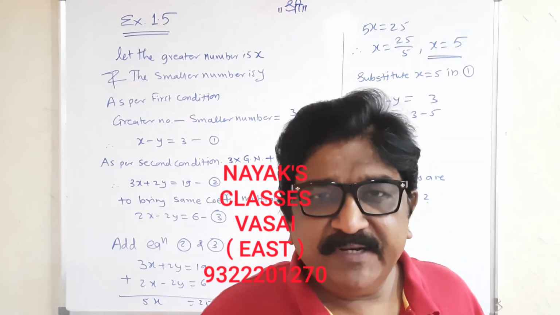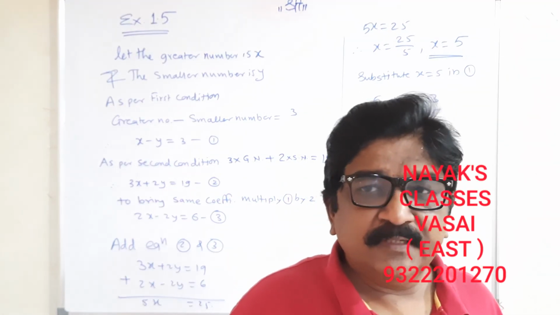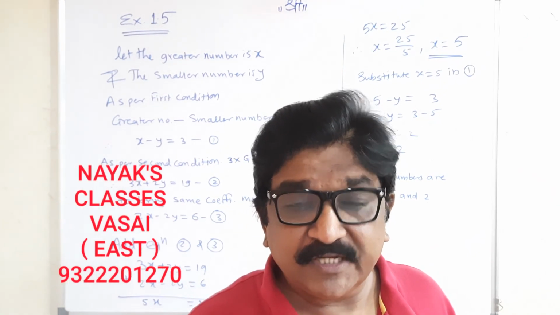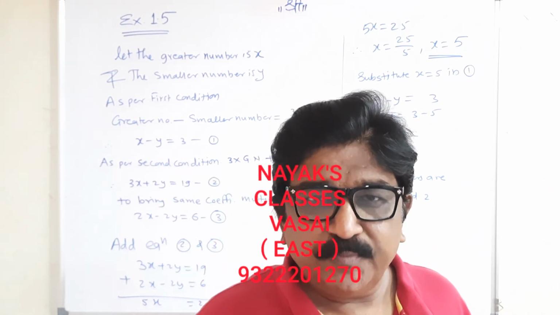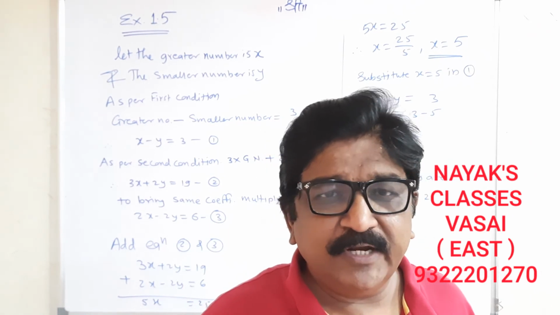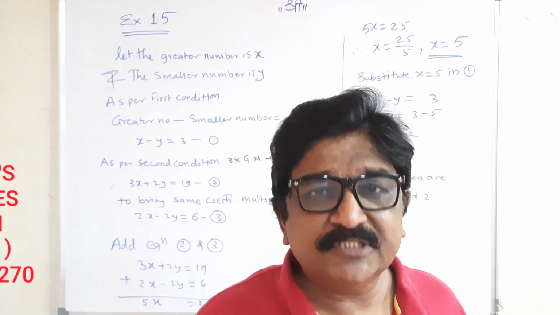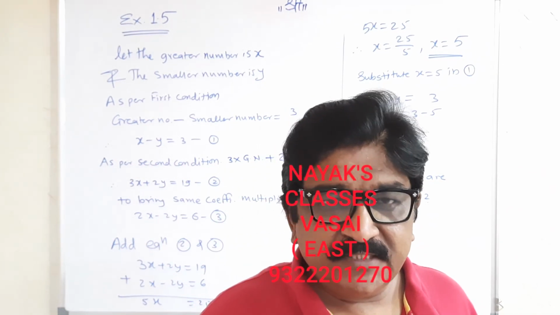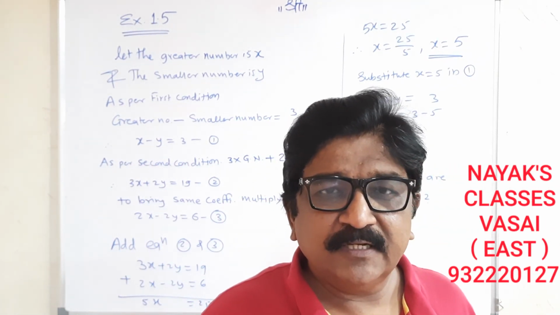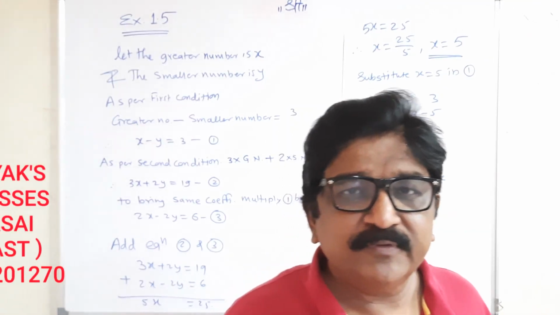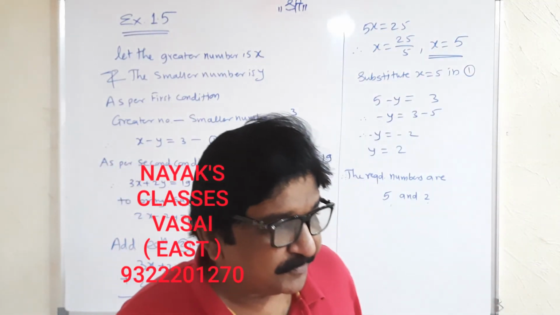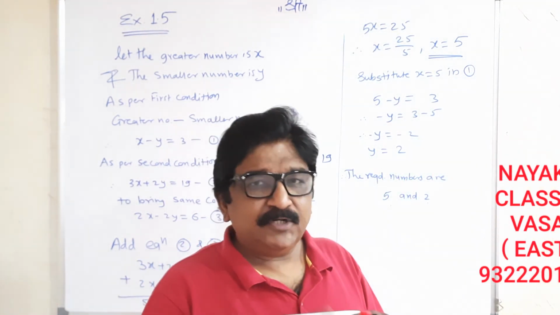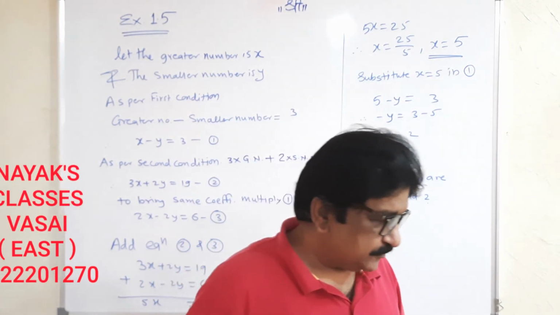A quantity may be numbers, age, liters of milk, money, currency notes, so many quantities are there. You have to assume variables for those two things. This is called application of simultaneous equations. Simultaneous equations have two variables.